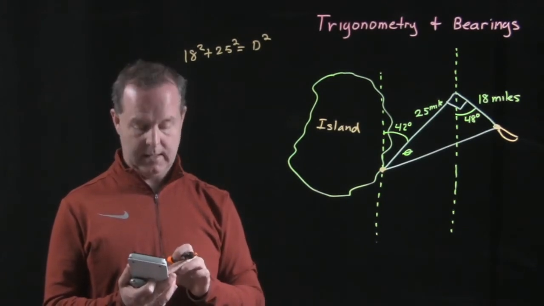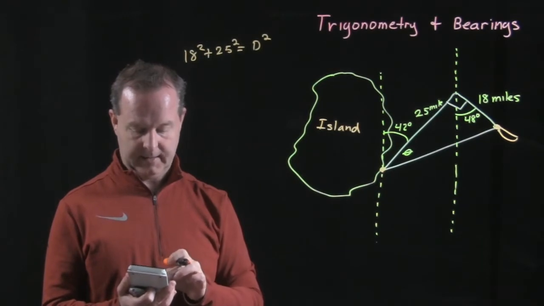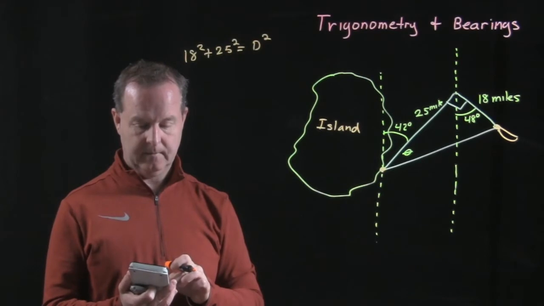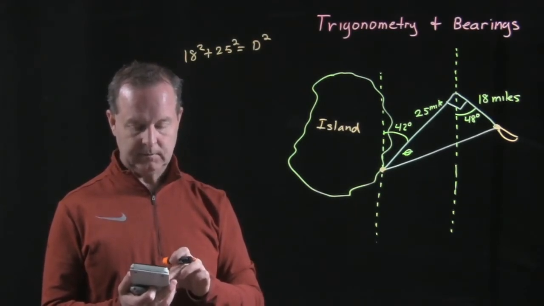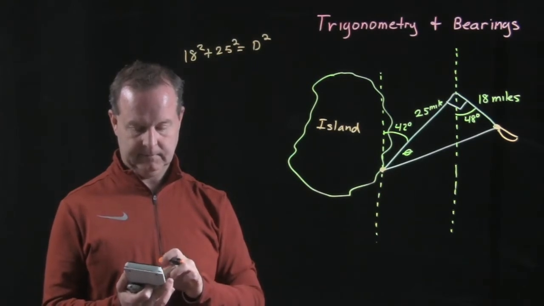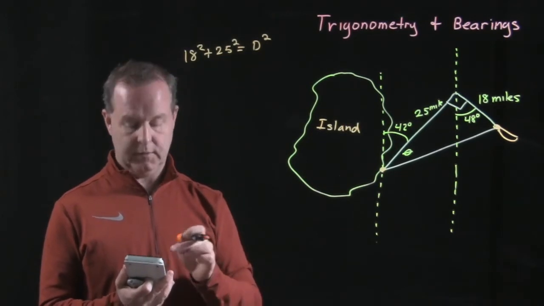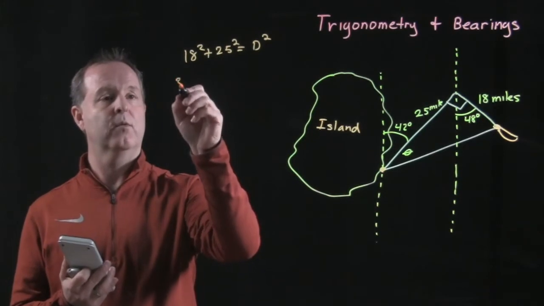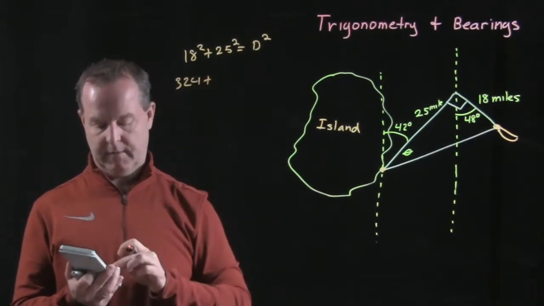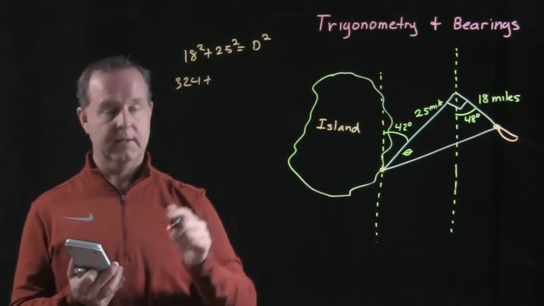So that's going to equal the square root of 18 squared. 18 squared is 324, plus 25 squared, which is 625.